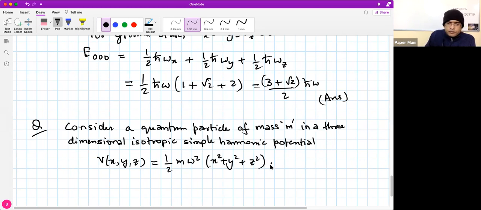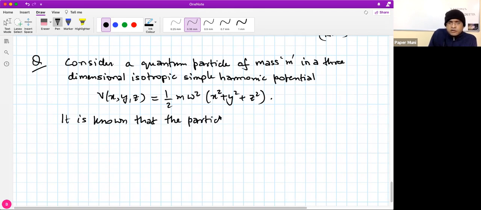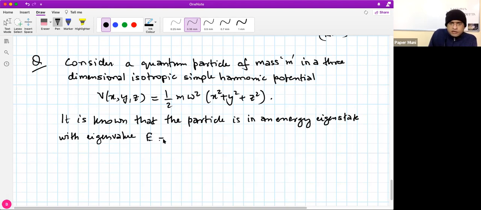All right. Now it is known that the particle is in an energy eigenstate with eigenvalue given to you as E is equal to 7 h cross omega by 2.